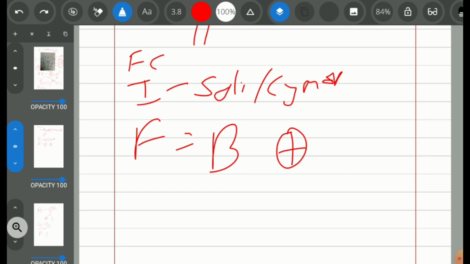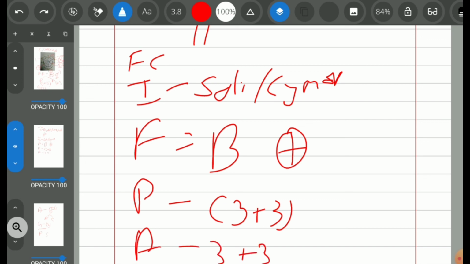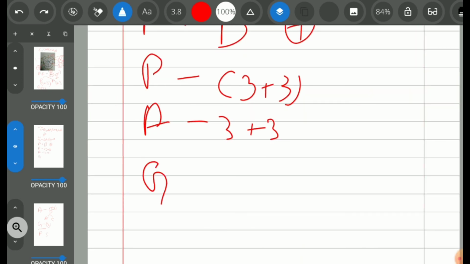Here we don't have calyx and corolla, so it is perianth, written as P, in the form of 3 plus 3 fused. Then the androecium, again 3 plus 3 but not fused. Then the gynoecium, here it is tricarpellary, 3 and fused, syncarpous, superior ovary.